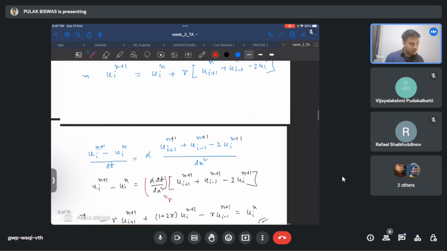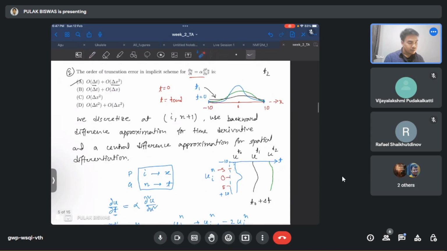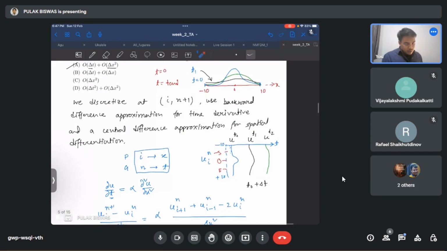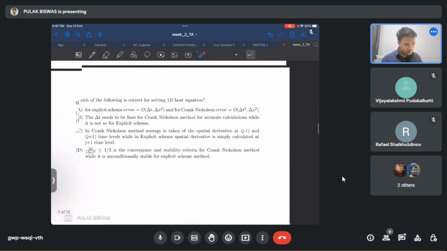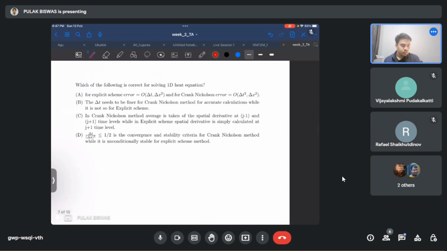And you can also keep this example in mind: for diffusion with a Gaussian as the initial condition, it decays like this. Okay, can you tell me what is the correct option for this one?